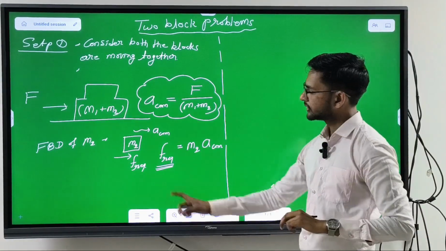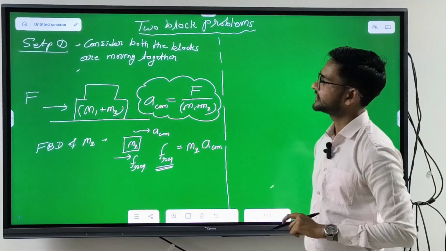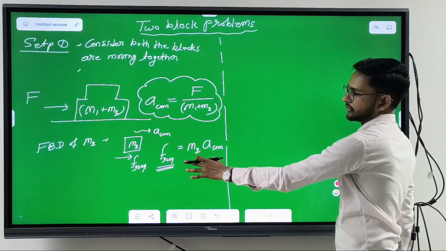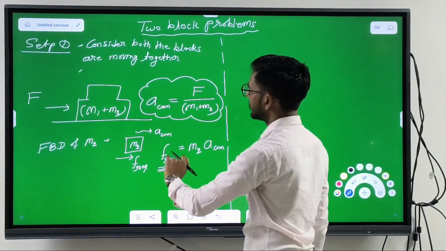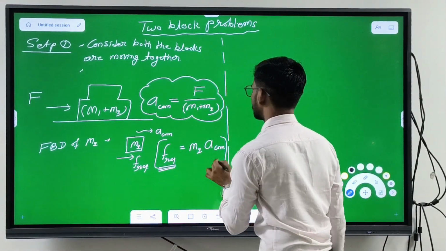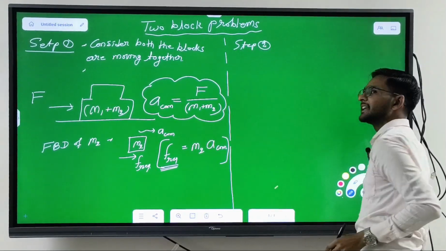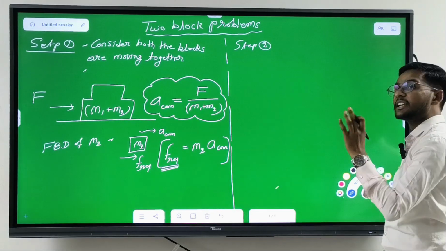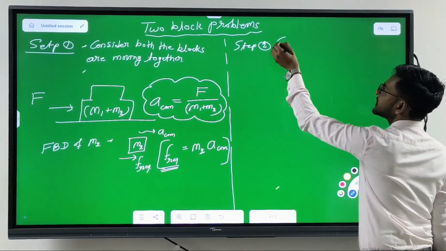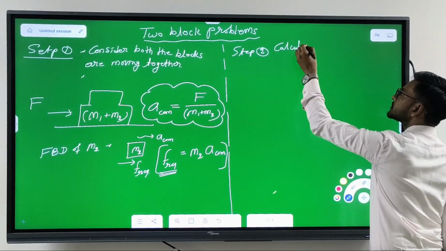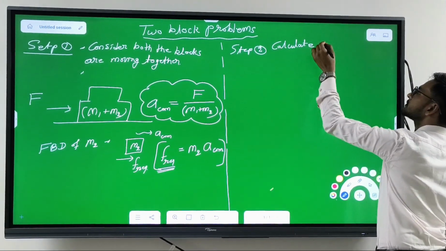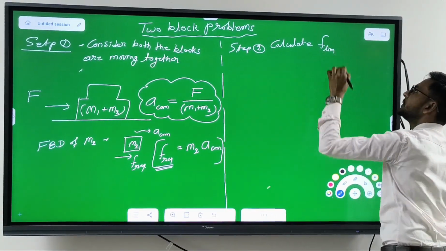What is the second step? We have found the required friction. Step 2: calculate limiting friction.